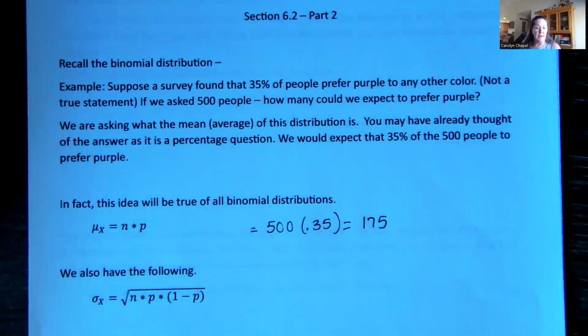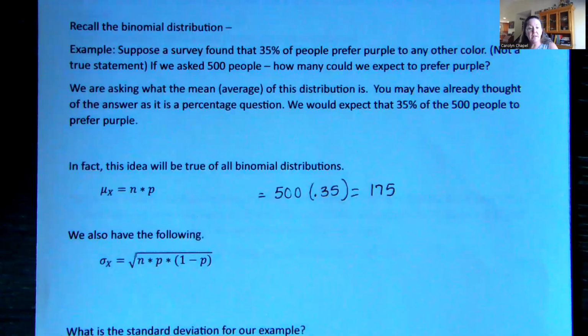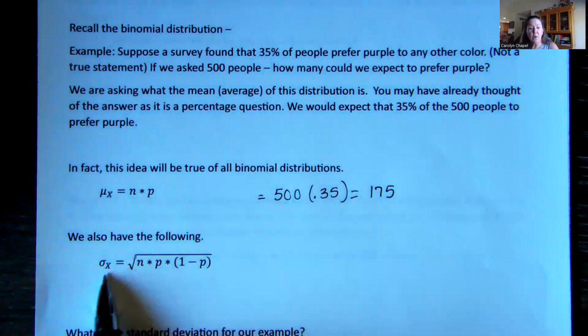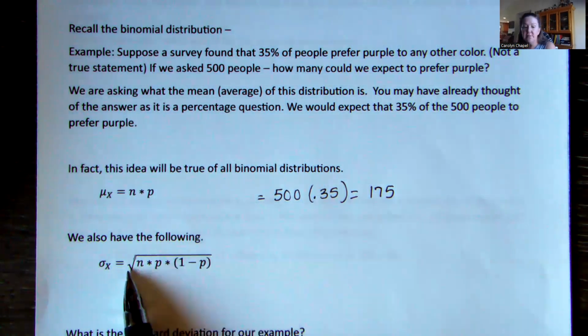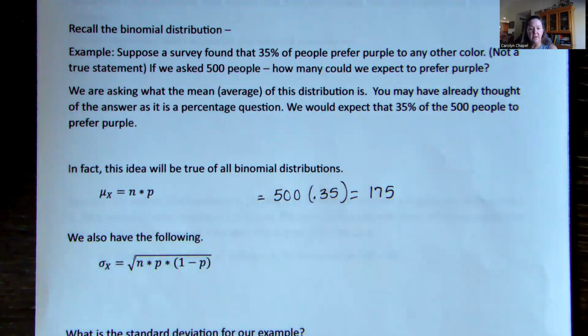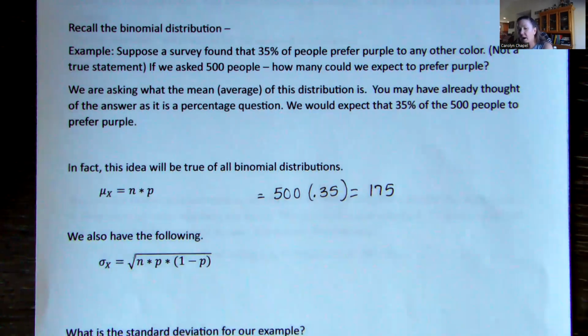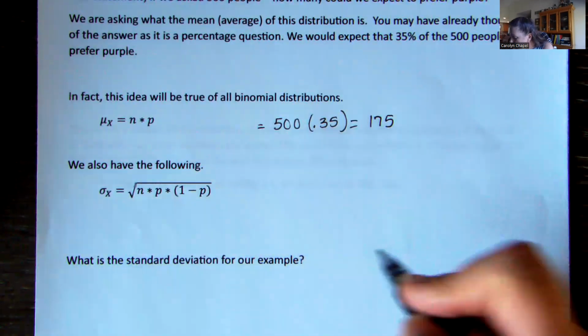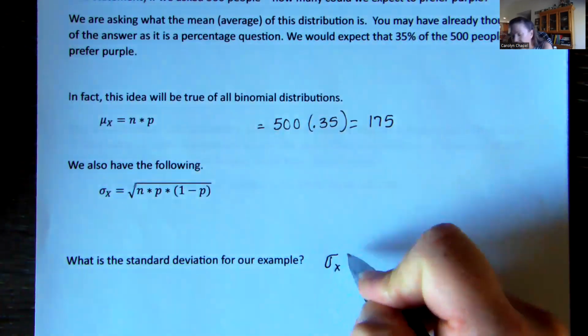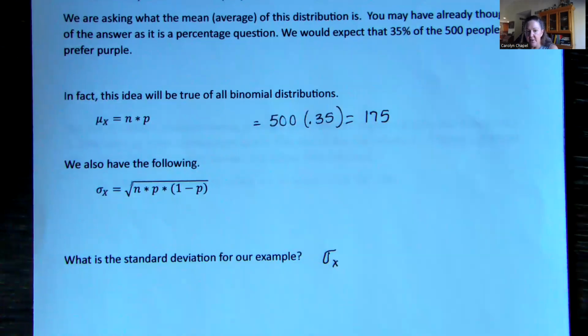We also have the following, and again, I'm not going to go through the formula for this, is we can calculate the standard deviation. We don't have to add up a bunch of things and subtract a bunch of things and then take a square root. But it turns out that it's a lot nicer when we have this binomial to find our standard deviation. So for our example, our standard deviation, notice I did not have the squared on there, so it's not the variance.